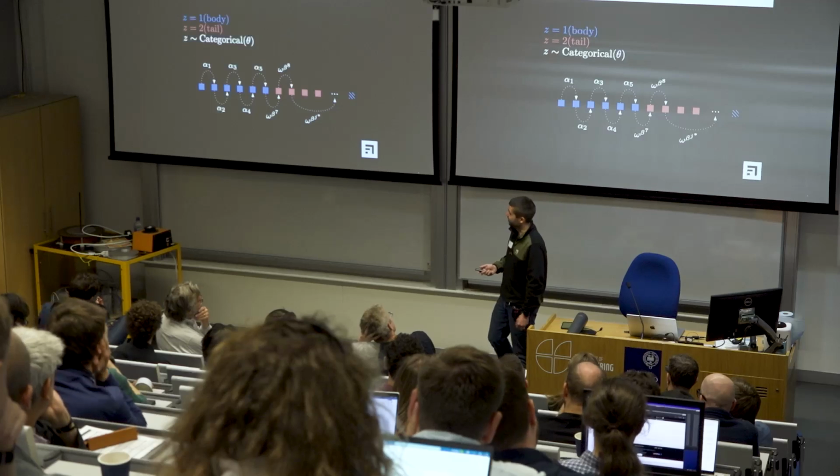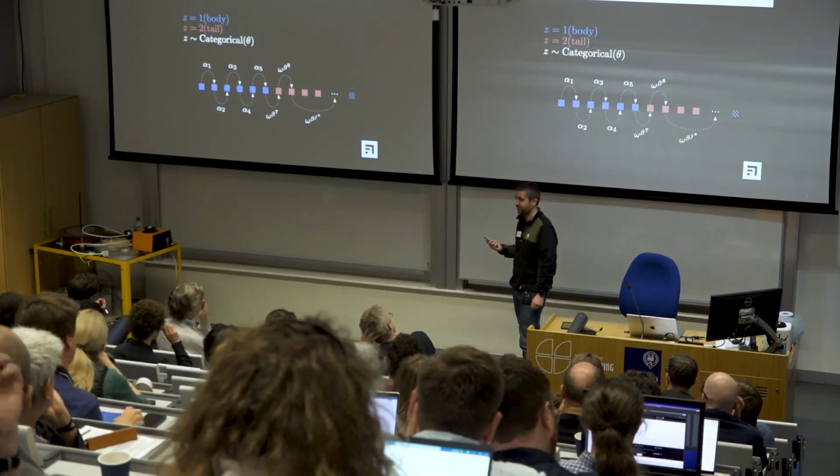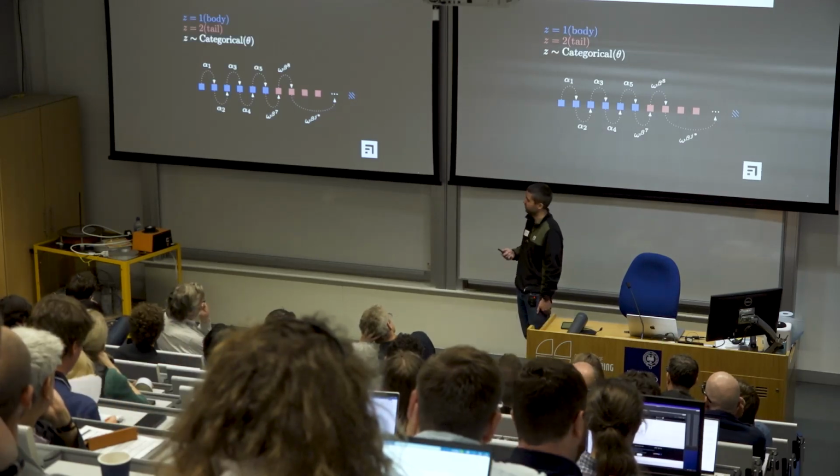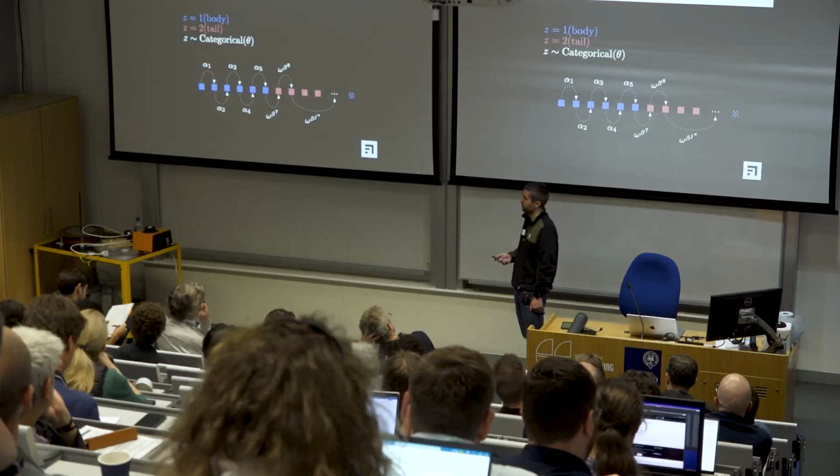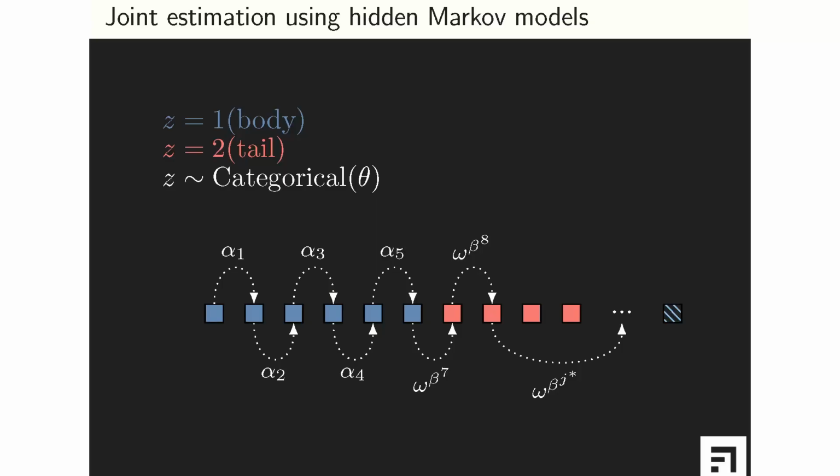And so the idea here is that we're interested in using hidden Markov models to jointly estimate the body and tail states. Thanks to Marco's talk earlier, we all know what a hidden Markov model is, but we assume that there's some latent discrete parameter Z, which can either be 1 for the body or 2 for the tail, and that's categorically distributed with some category probabilities theta.